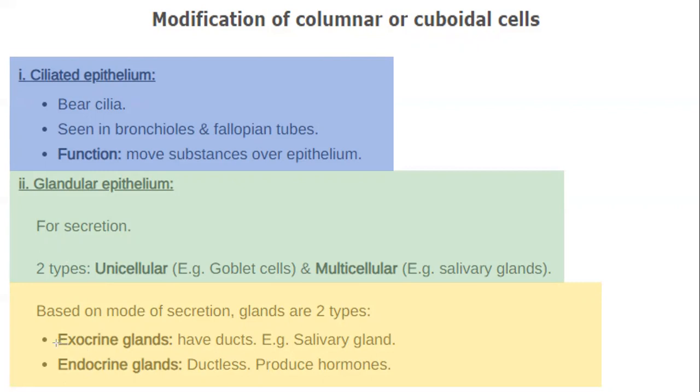Examples: salivary glands, gastric glands, mucus glands, sebaceous glands, mammary glands, all of which have ducts for pouring their secretion. Whereas endocrine glands are ductless glands that produce hormones and pour them directly into the blood. Examples: thyroid gland, adrenal gland, pituitary gland, etc.